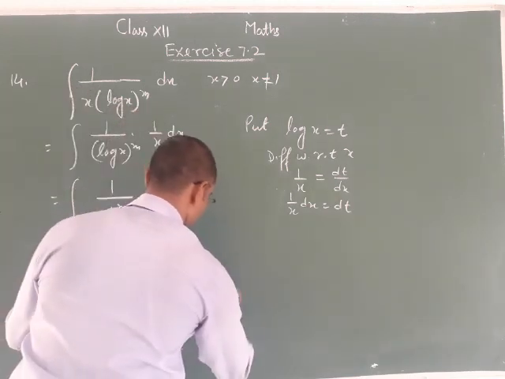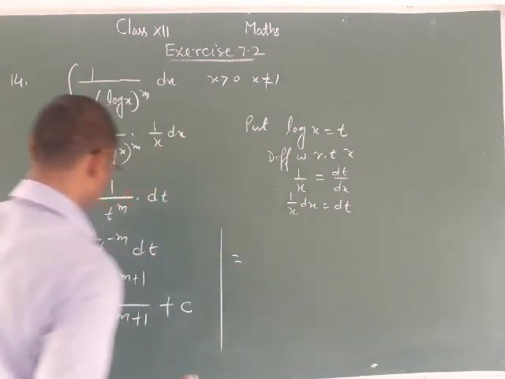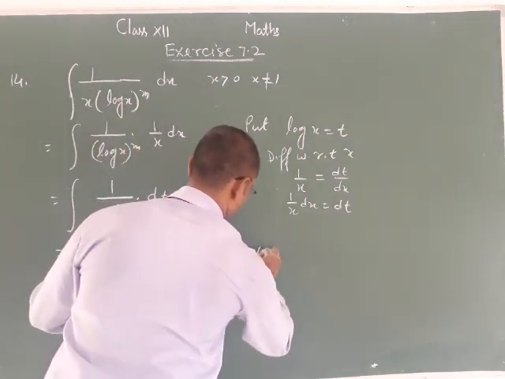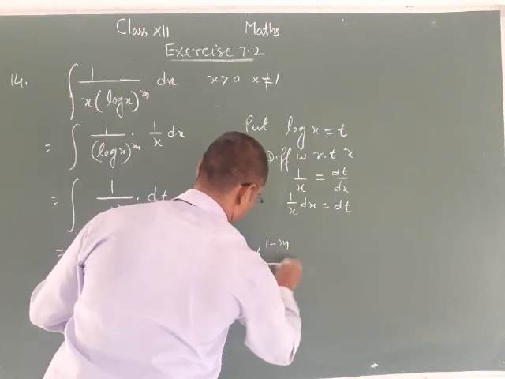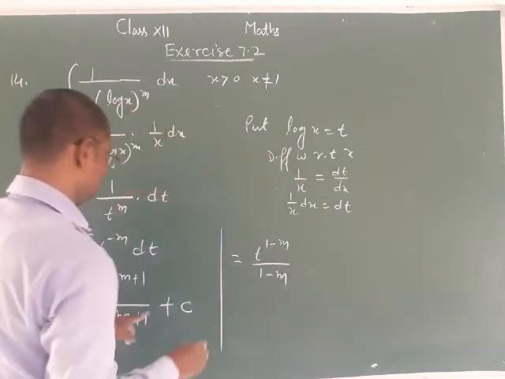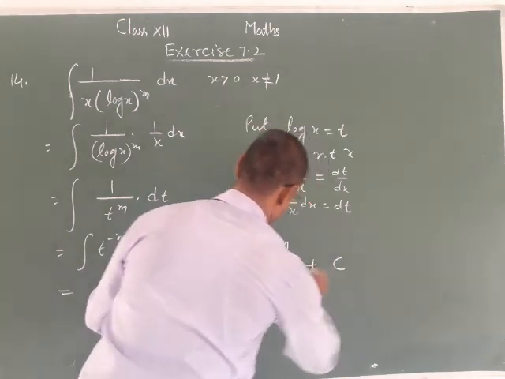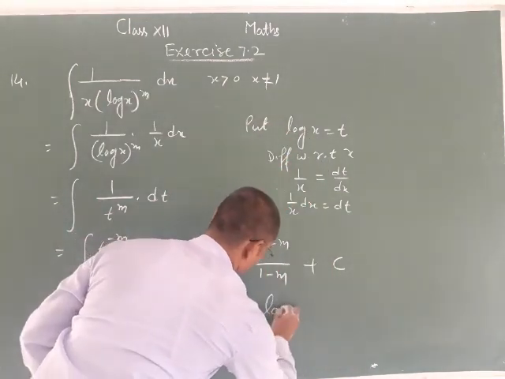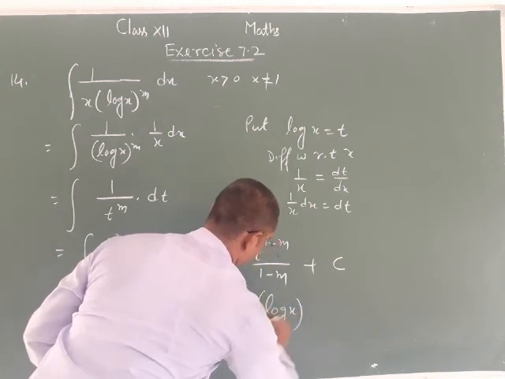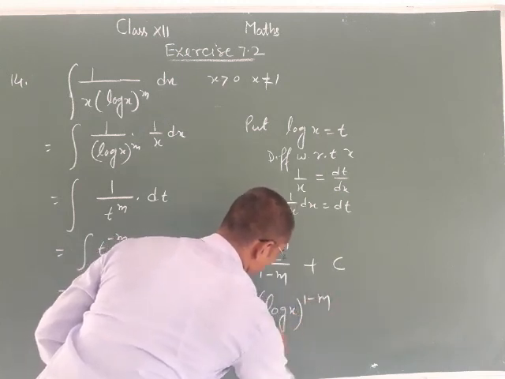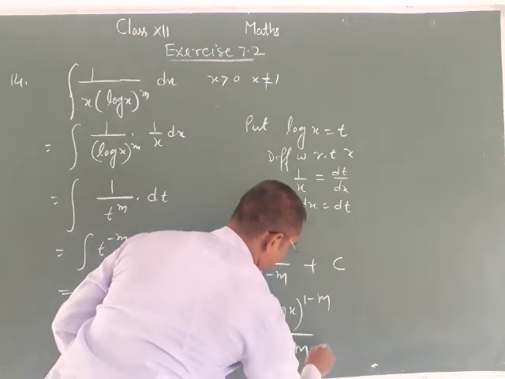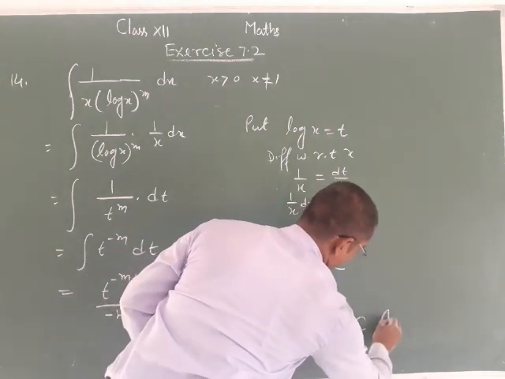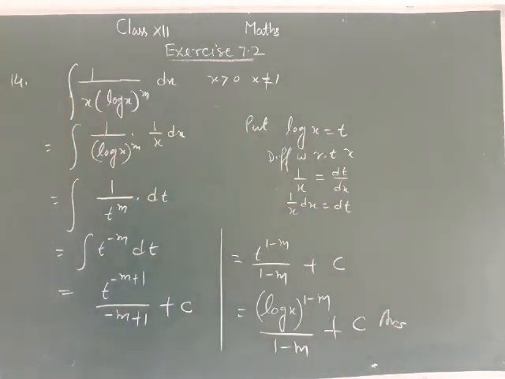So t to the power 1 minus m upon 1 minus m, plus c. Now replace t with log x. So (log x) to the power 1 minus m upon 1 minus m, plus c. This is the answer.